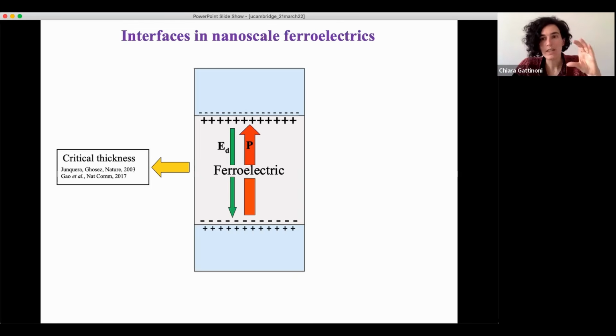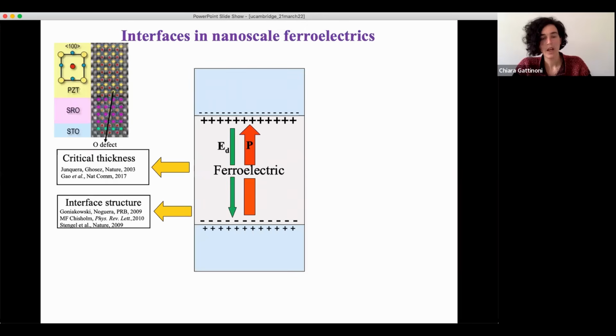So what was found is that there is a critical thickness below which the polarization is 0, which is really inconvenient for the applications that we want to look at, because we want to have ultra thin ferroelectric film with robust ferroelectric polarization.